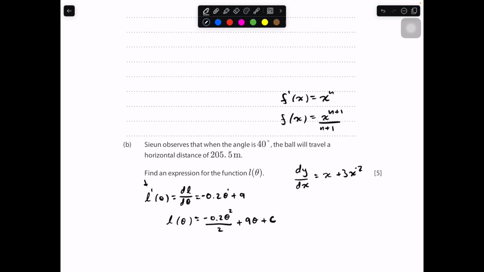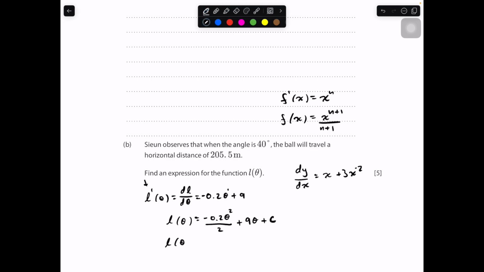If you want to check whether you've done the antiderivative correctly, you can always just reverse it. Here we see the constant goes away, 9 theta just goes to 9, and then of course multiplying out by 2, this would be negative 0.4 over 2, which would take us back to this negative 0.2. Alright, let's actually clean this up just a little.